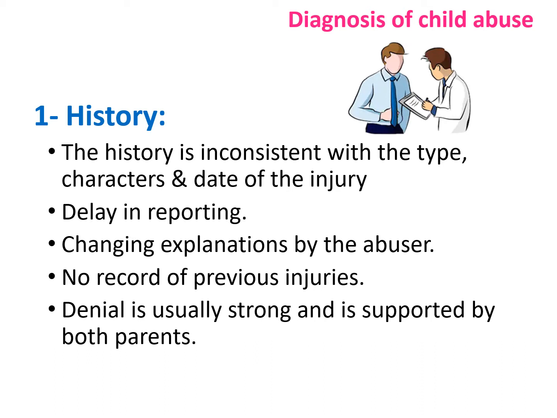But in case of child abuse, they delay the reporting or going to the hospital until they find that they will lose their child if they continue not to go with him to the hospital. So always there is delayed reporting in case of child abuse.